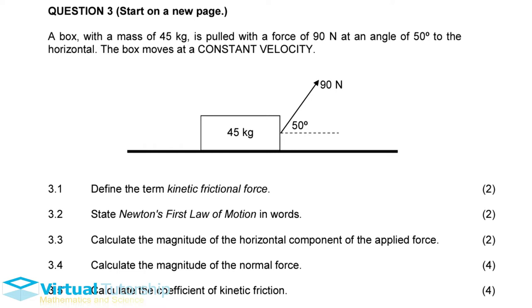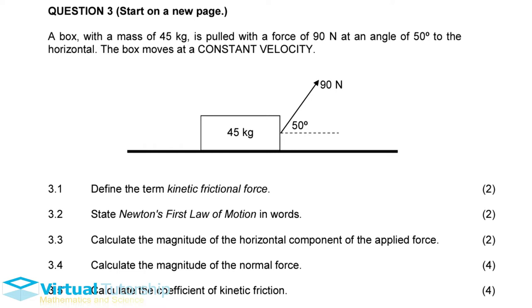Newton's first law applies only if an object is stationary or moving at a constant velocity. They are telling us that this object, with a 90 newton force applied at an angle of 50 degrees, moves at a constant velocity. Now let's answer question 3.1.